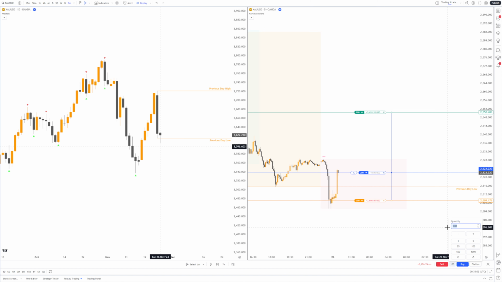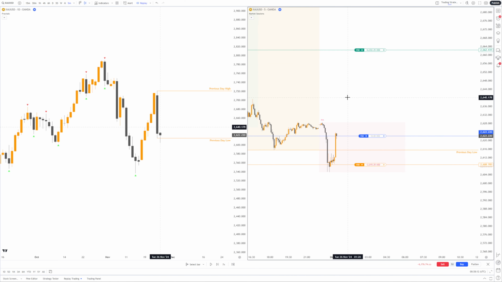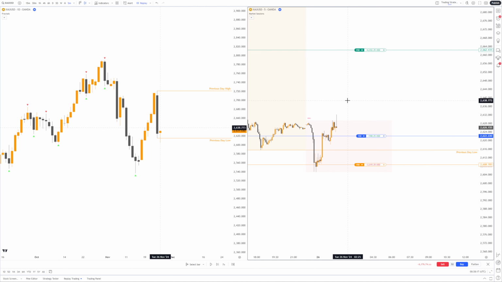Let's just reduce the risk a little bit. Yep, there you go. Let's see what happens. Does price come down, take us out? Or does price give us the TP that we're looking for?